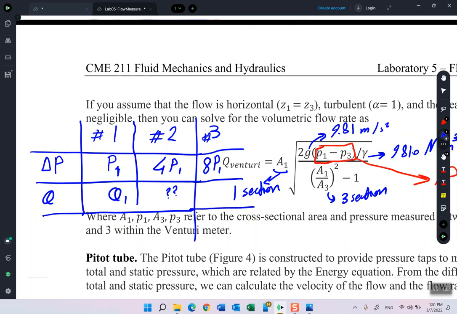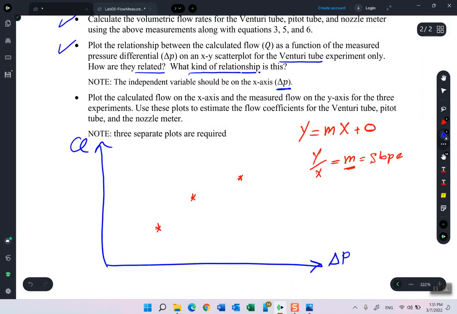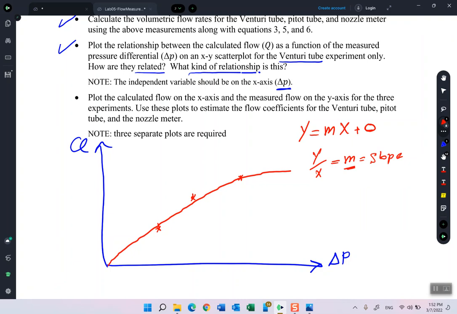If you try to draw the relationship between delta P and Q, it won't increase by the same ratio. It will increase by the square root of the ratio. That's why it won't be linear. We call this a quadratic relationship. If you did that, you will see that the relationship between Q and P will be something like that. It's not a line, it is like a part of a parabola. So we call this a quadratic relationship.